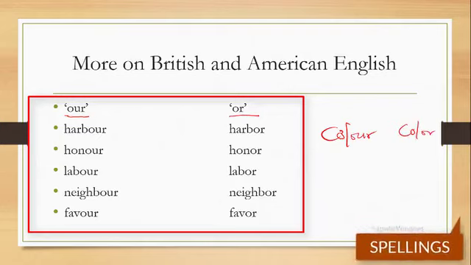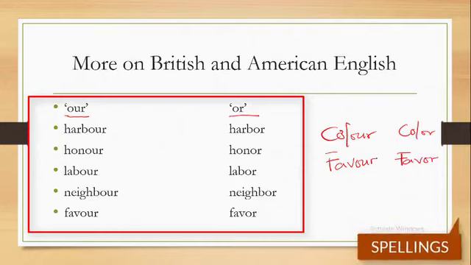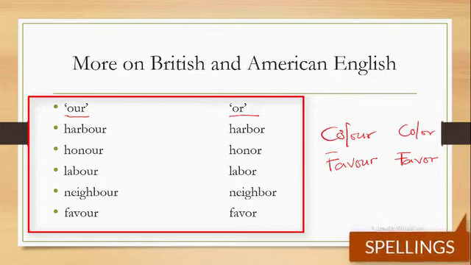Just the same way the word favour is spelled FAVOUR in British English, but in American English it is spelled FAVOR. We have the word labour too. We have the word honour.